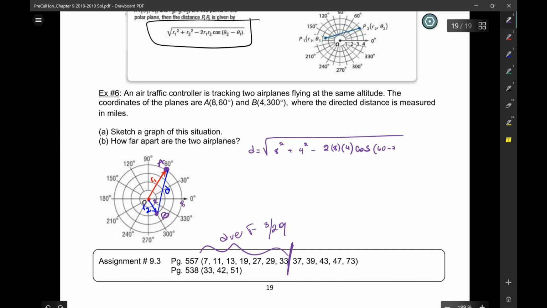So 60 minus 300. Okay, I have a question for you. What if I did 300 minus 60? Why? Because even if you get a negative answer, the cosine of that negative answer is still going to be the same.